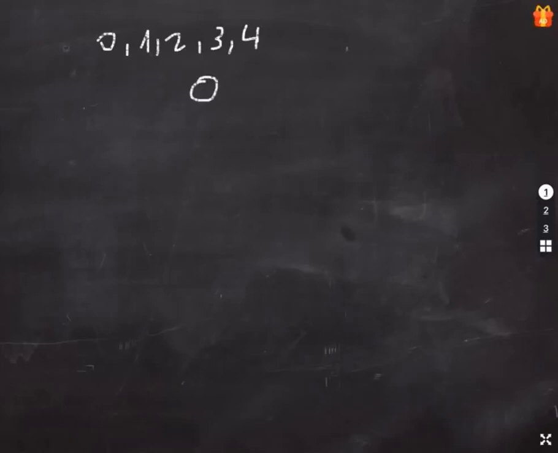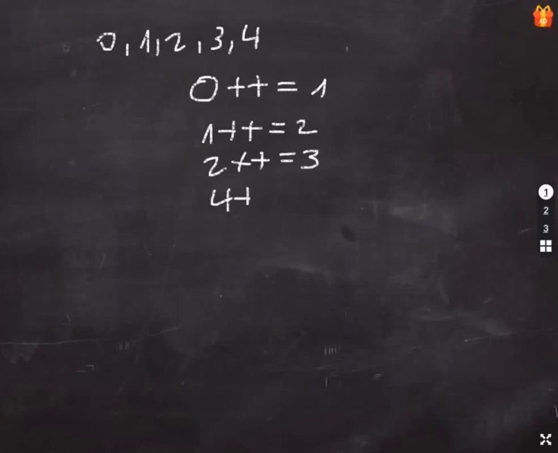In this world, 0++ is 1, 1++ is 2, 2++ is 3, but 4++ is 4. So we're wrapping back to the previous number.